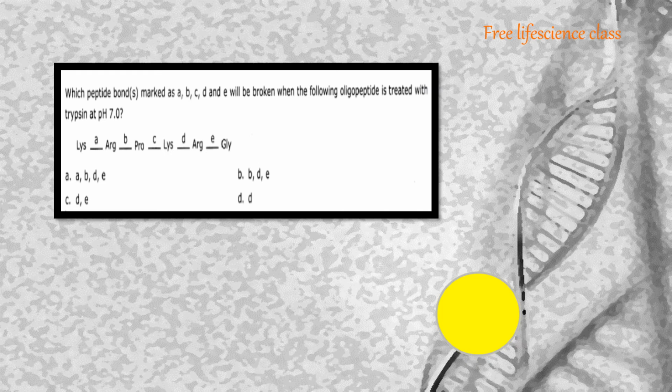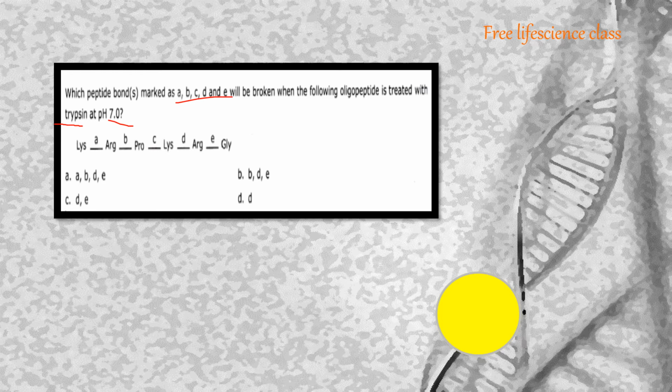So this is from the 2012 question paper, and we have done the same format of question in the 2011 previous year question paper in part 1. So you know that this type of question is repeating, so please focus on these types of questions. Here you are asked which of the bonds A, B, C, D and E will be broken down when it is treated with trypsin at pH 7.